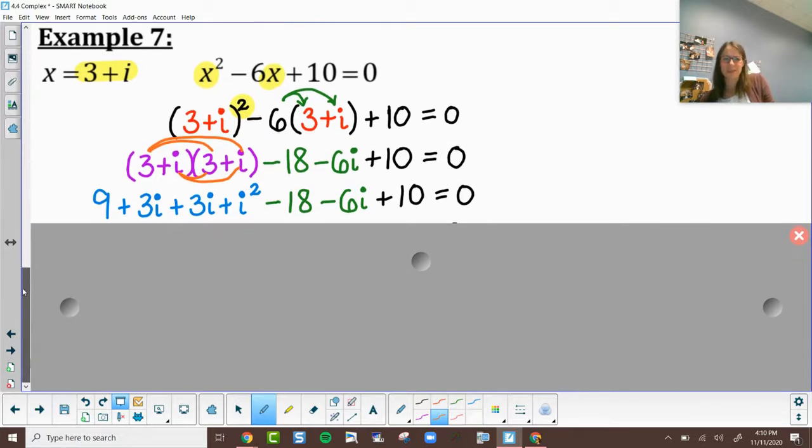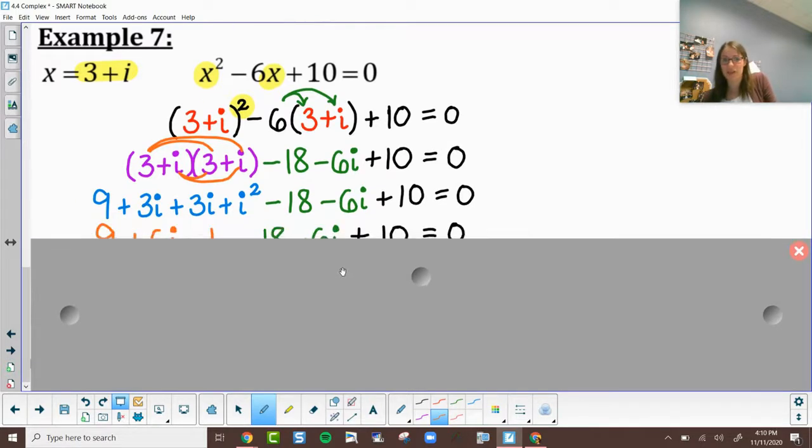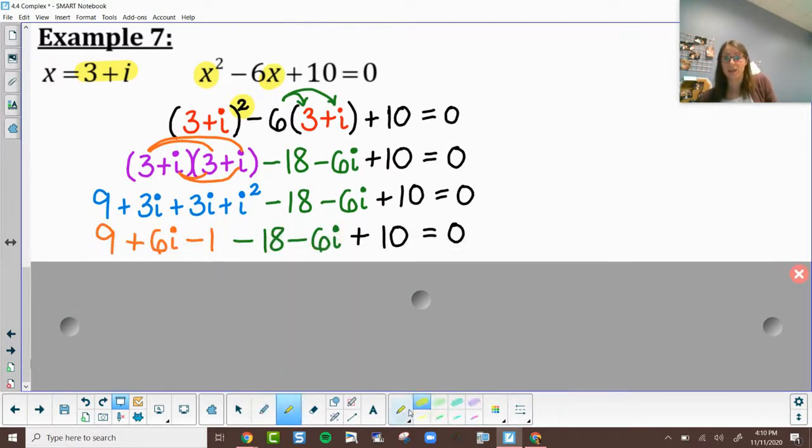So here you kind of see where I got all of that from. And then I'm just going to try to combine a couple things together that I can, like all of the i's. So here's 6i that I combined. You can see that I changed the i squared to -1. So there's kind of where I'm making all of those steps happen.